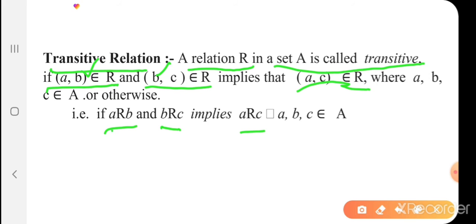So the first element is related with the second, and the second with c, then you have to show the first is related with the third.